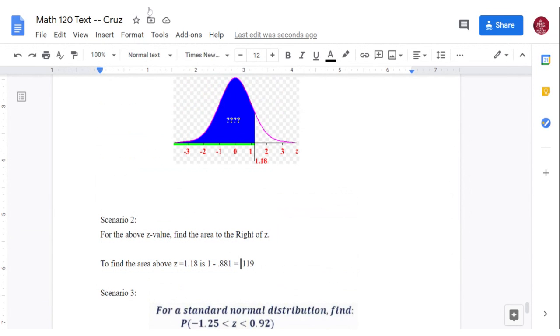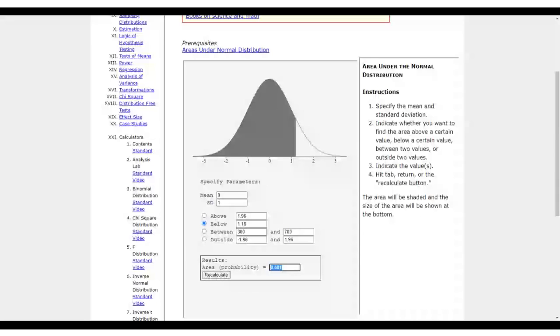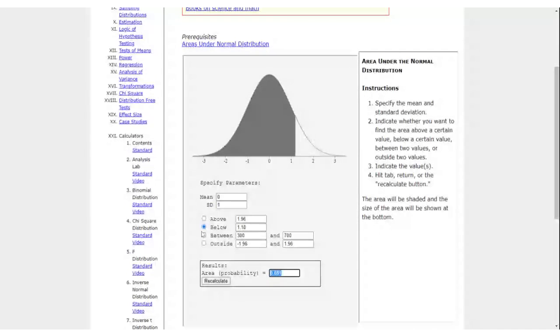And this little thing will show you that if we put above 1.18, it shows the same thing, 11.9.